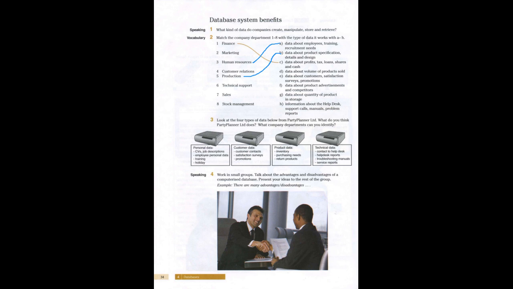Data about customer satisfaction survey promotion. This is related to customer relations. Data about product advertisement and competitors. This is marketing. Data about quantity of products in storage. This is stock management.